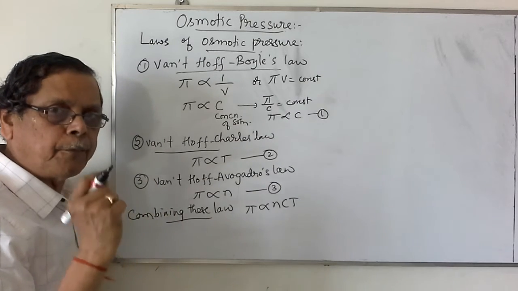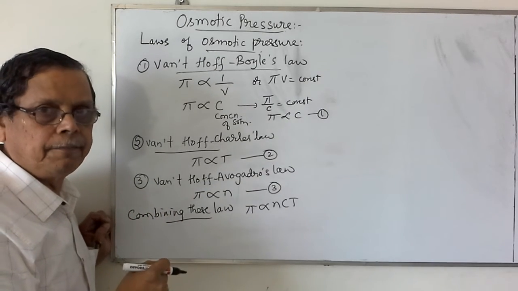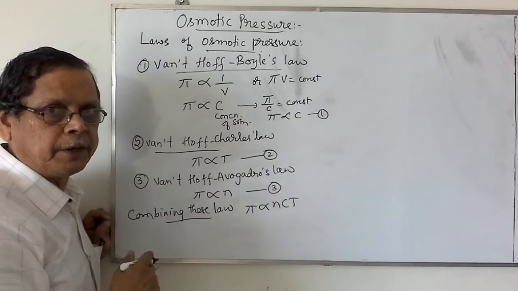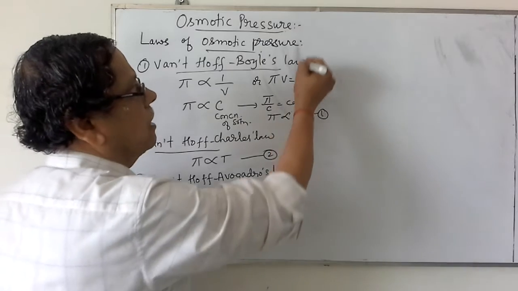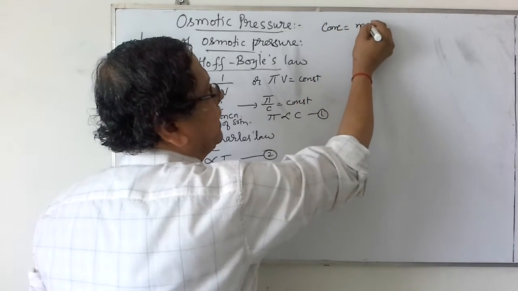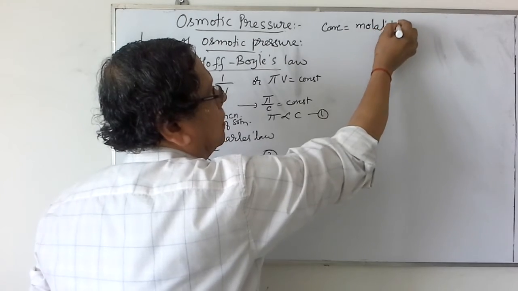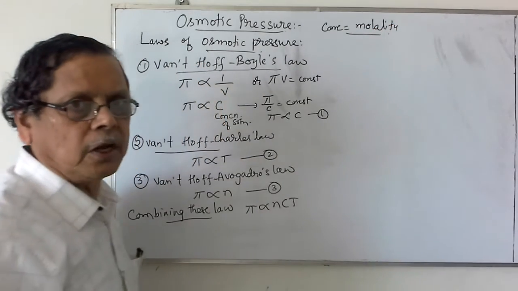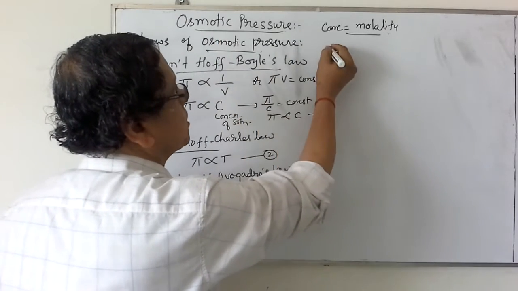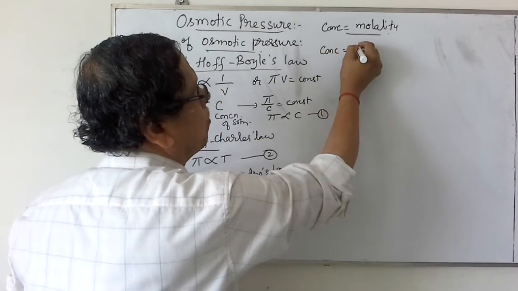One important point you have to remember in this case: in all the other previous colligative properties, we have used the concentration in terms of molality, the number of moles per kg of the solvent. But in case of osmotic pressure, we are using the concentration in molarity.